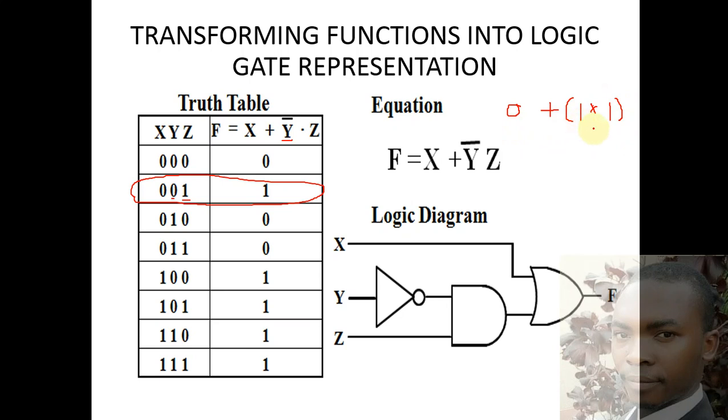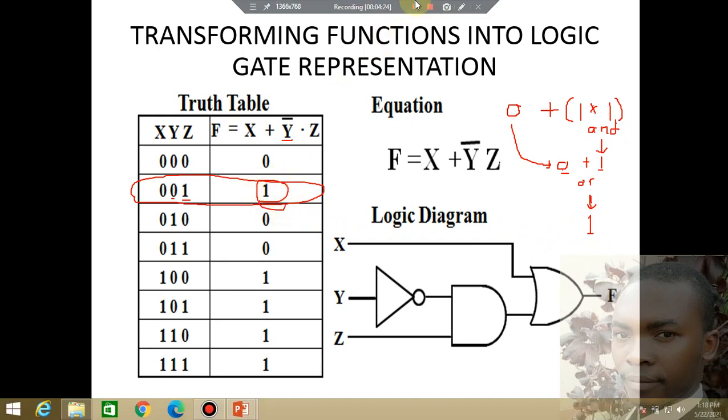The moment that both of these are 1, the result is going to be 1. And then when I bring this one here, 0 plus this one, remember I have the OR. So if this is 0 and this is 1, in the OR it is at least one value. So if this is 1 and this is 0, I'll have a result of 1, okay? So that is why we have a 1 here.